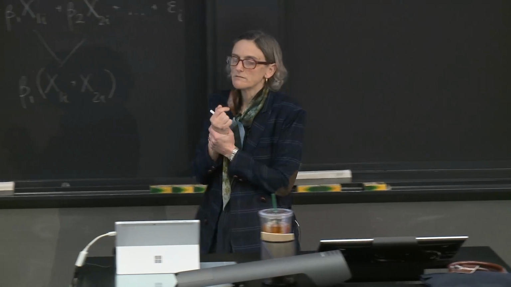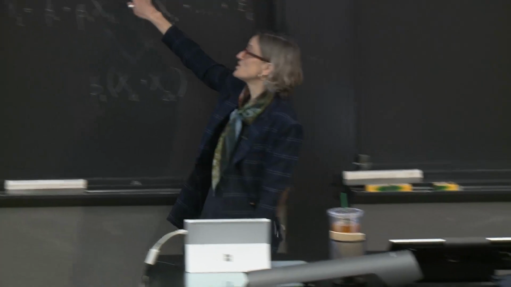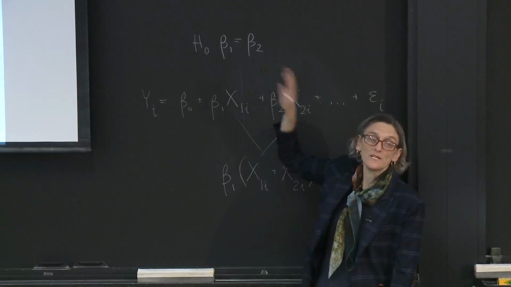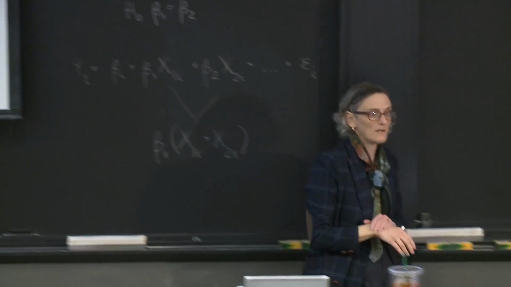So yes. But if they're equal, wouldn't it be like a linear combination of the other and become 0? I'm not sure if I understand your question. So basically what I'm trying to do here is impose just this hypothesis, but not impose anything else about what the betas might be equal to.